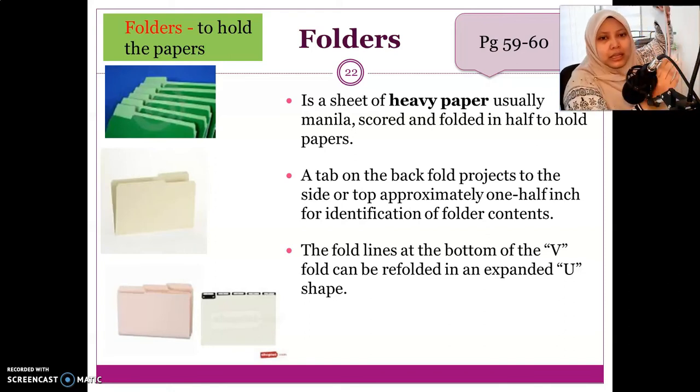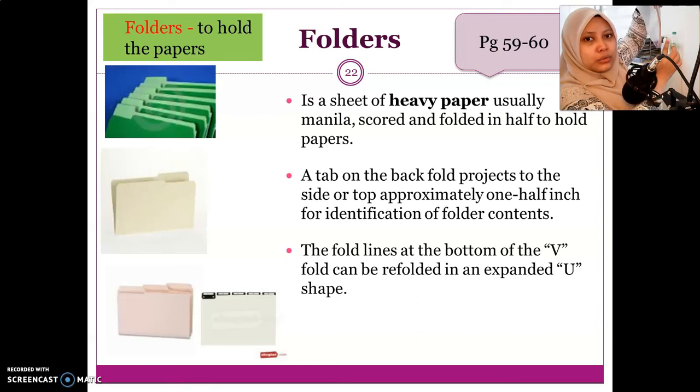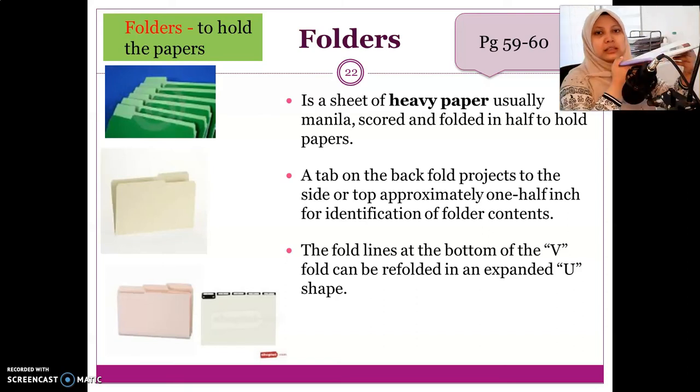Kita lihat dalam bentuk U. This is what we call V fold. Somehow bila file dah jadi besar, dia tak akan jadi V fold, dia akan lebih kepada bentuk U. Sebab kalau ketebalan tu dah mencapai tahap tertentu, dia tak akan jadi V lah, dia akan jadi U. For example like this one.